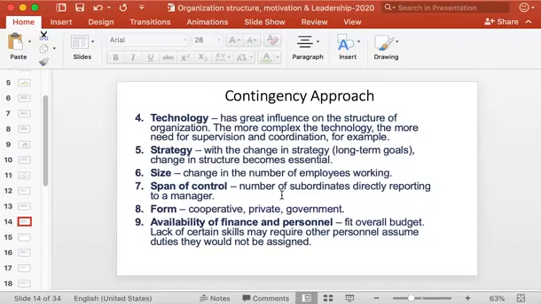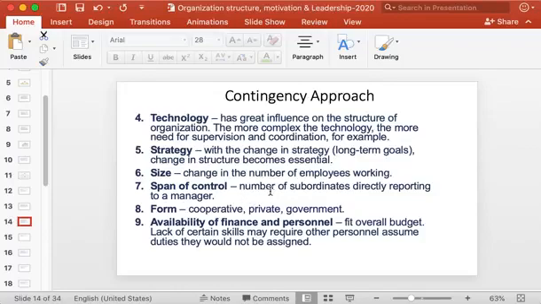So if the organization feels that it can no longer afford to employ many managers, then the span of control may need to be increased by decreasing the number of managers.